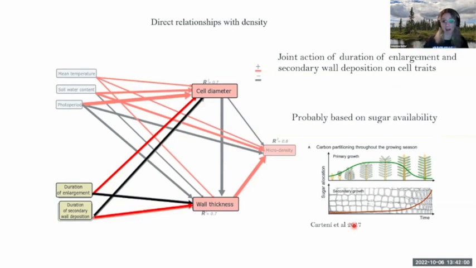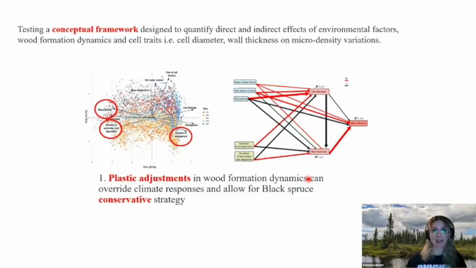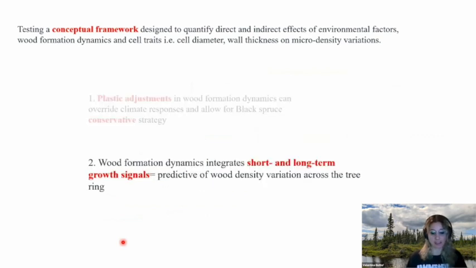Then finally, the main finding of this research was that plastic adjustments in wood formation can override climate responses and allow for black spruce's conservative strategy. And this is because wood formation dynamics can integrate short and long-term growth signals.